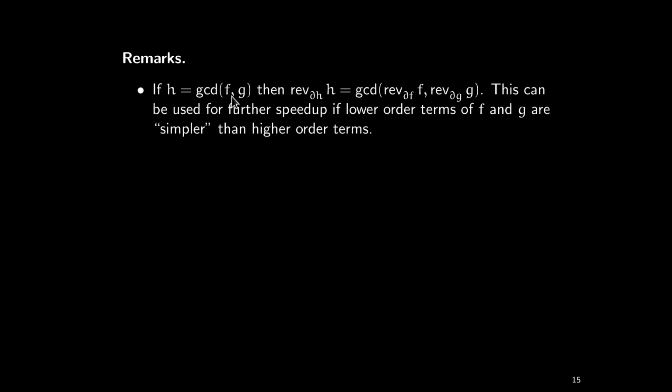But if you enter into the Euclidean algorithm, you will first hit the leading coefficients, and you want to keep the things small as long as possible, unless you do Chinese remaindering and homomorphic images, which you should do anyway. But if you don't want to do this, then you can use this to put f and g upside down, work with the smaller coefficients that are then at the top if they previously were at the bottom, and then afterwards reverse again to get the h.